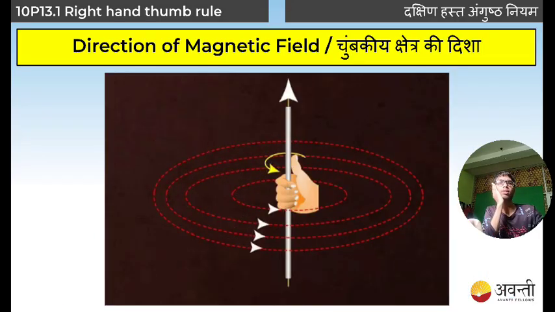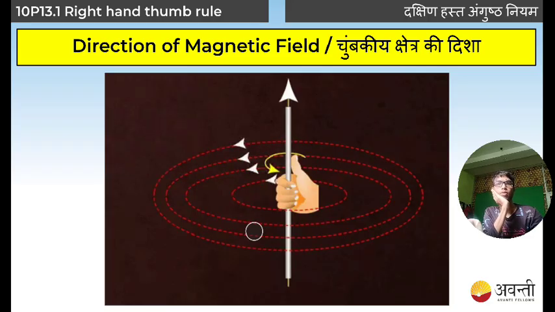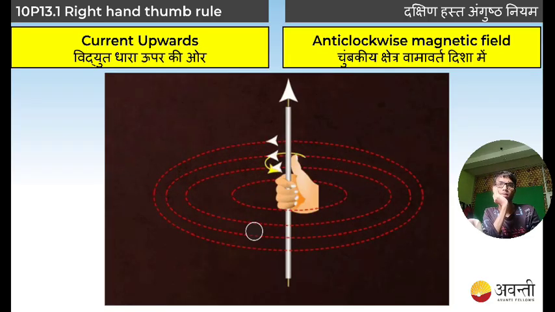The direction of the magnetic field is like that. This is the direction of the magnetic field when we hold a rod, then this is the pattern of the magnetic field. Current is going upward, anti-clockwise magnetic field.